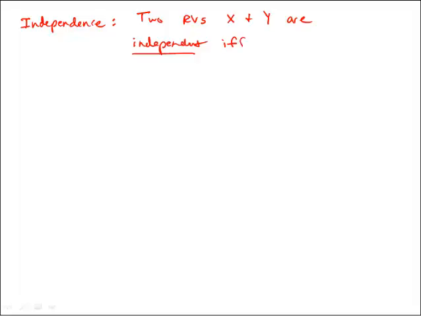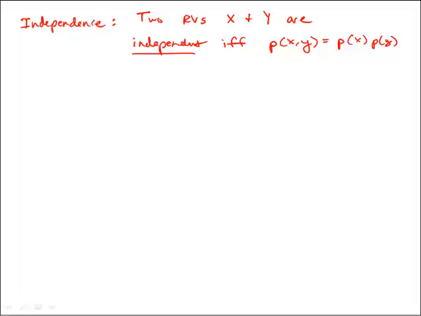The definition of independence is that two random variables, x and y, are independent if and only if the joint distribution is equal to the product of the marginal distributions. So if they're independent, you can just multiply the distributions over all your random variables together to get the joint distribution.